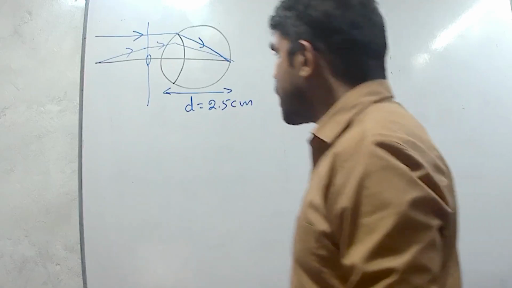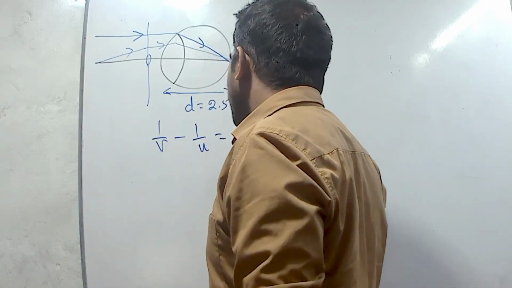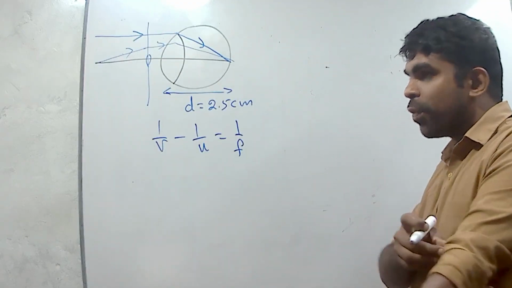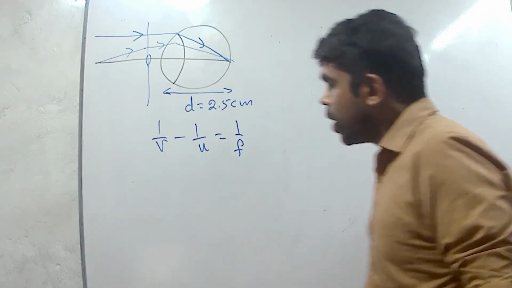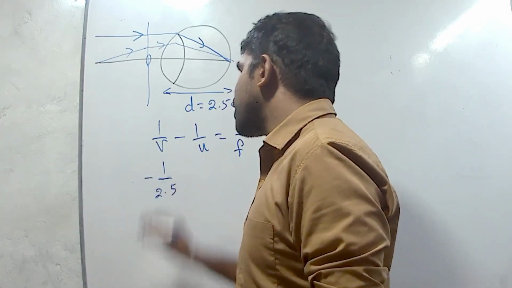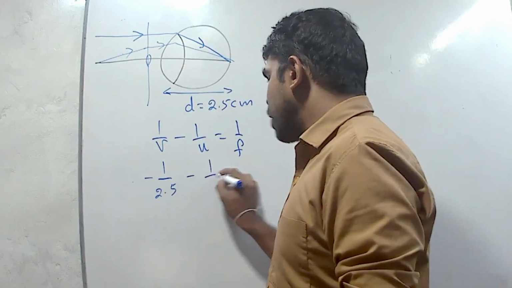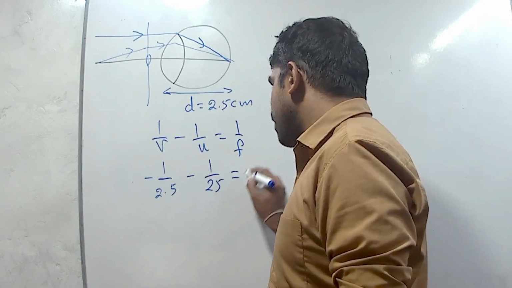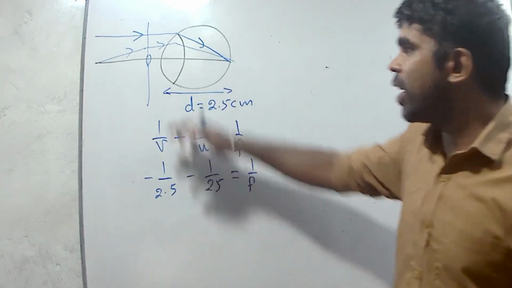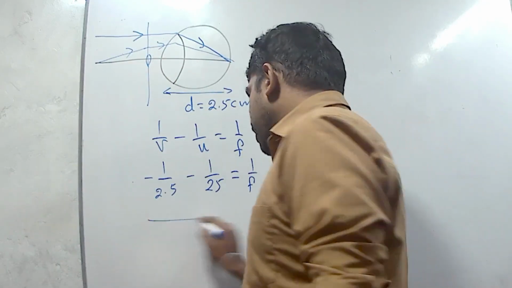Then we can use 1 over V minus 1 over U equals 1 over F for the lens. 1 over image distance should be 2.5. It is a minus sign, since light rays are moving in this direction. Minus 1 over object distance 25. Focal length is the unknown. 25 centimeters is the plus sign. Then I will simplify it.